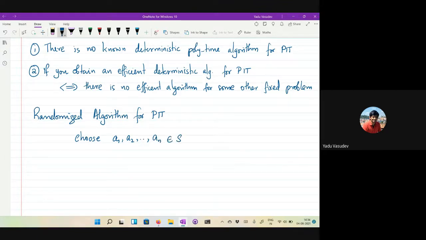Say S is the set from 1 till 100D again. So now you choose n points from S uniformly at random, with replacement.